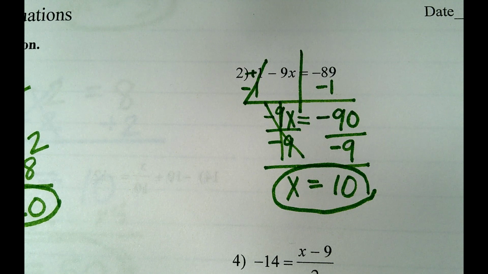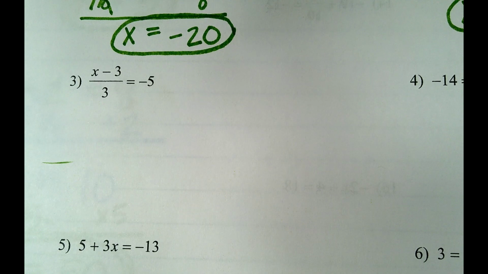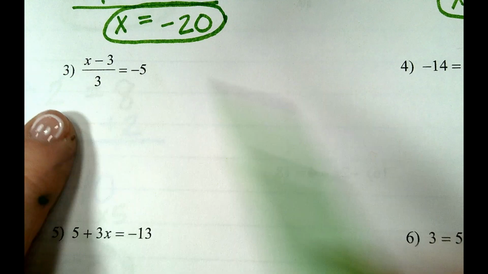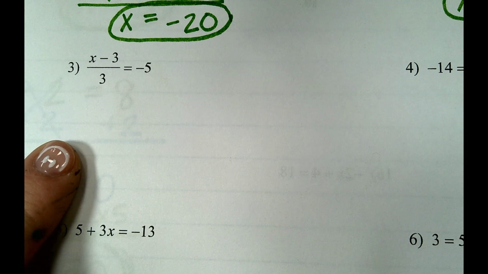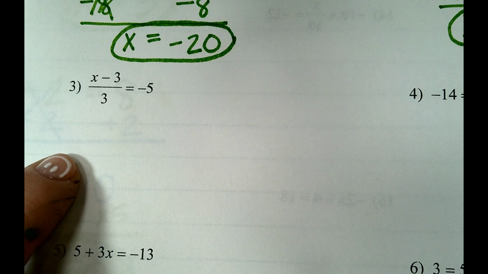Let's look at number 3. For number 3, what do I need to do first? Times 3. Yes. Why are we multiplying first this time? You're correct, by the way.